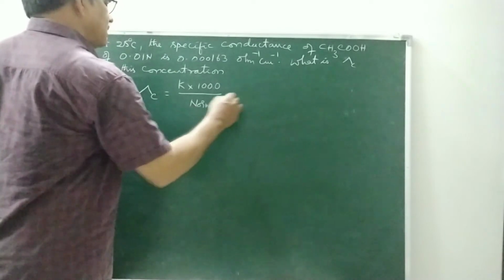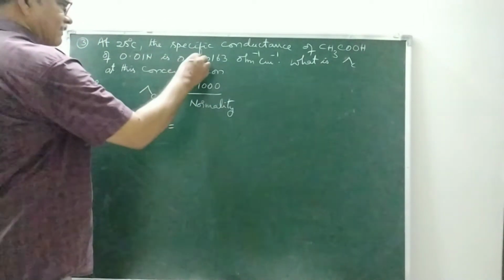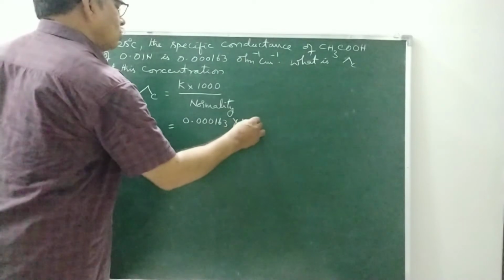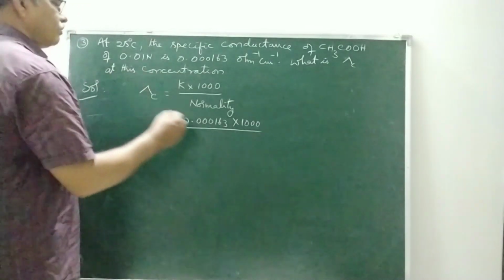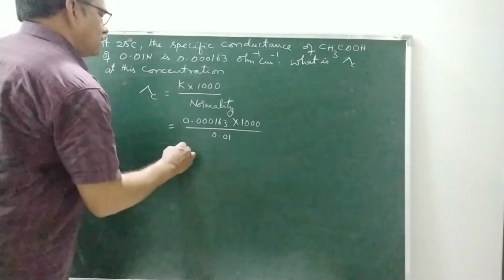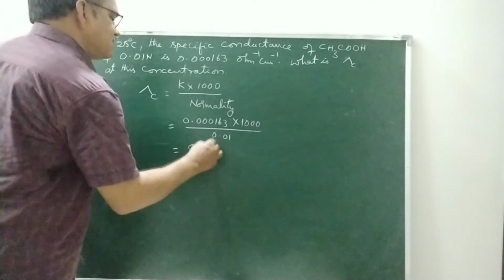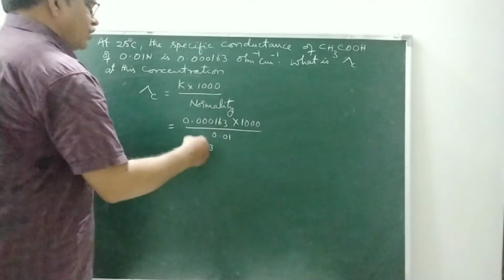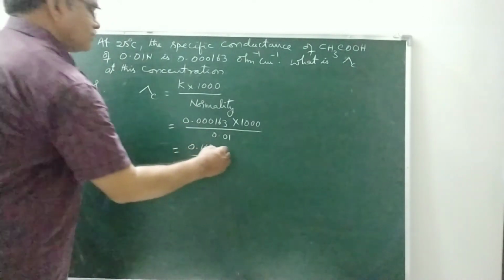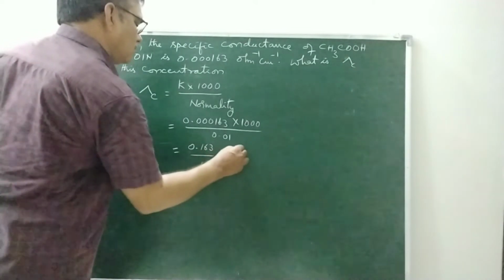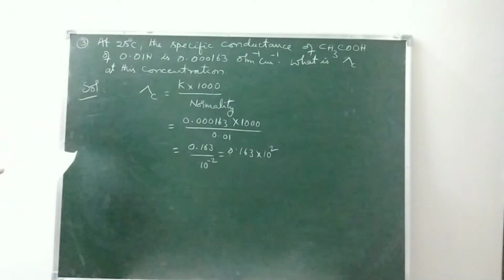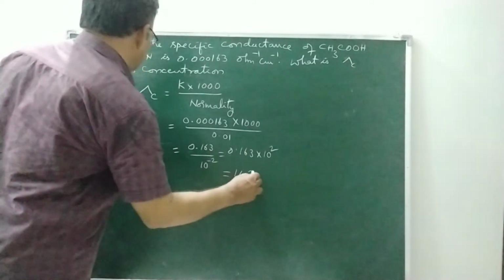That is 0.30163 into 1000 by 0.01, which is 0.163 into 1000 by 10 power minus 2, or 0.163 into 10 square, equal to 16.3.